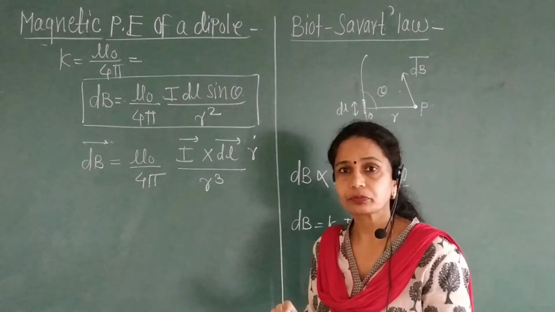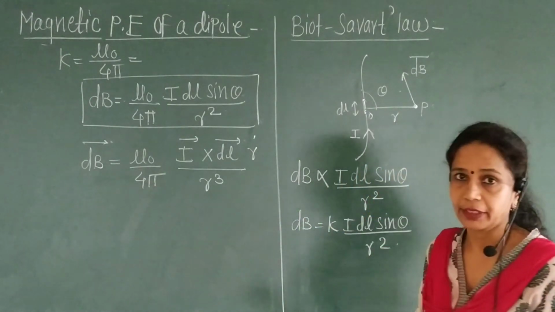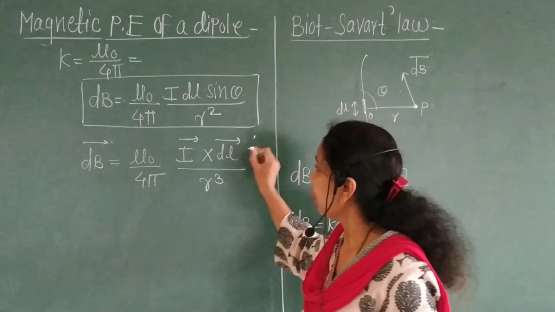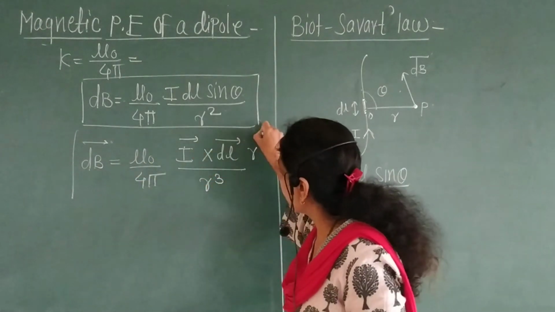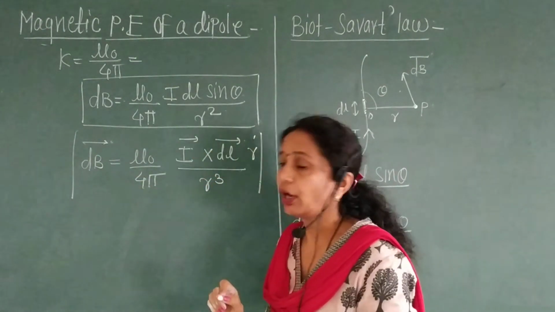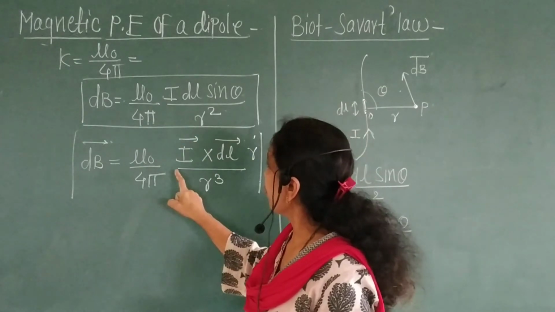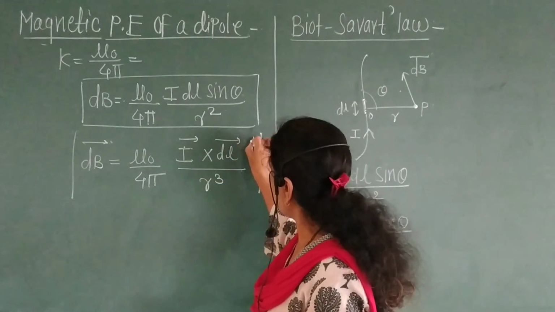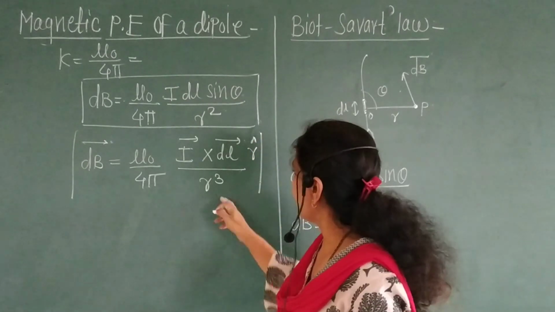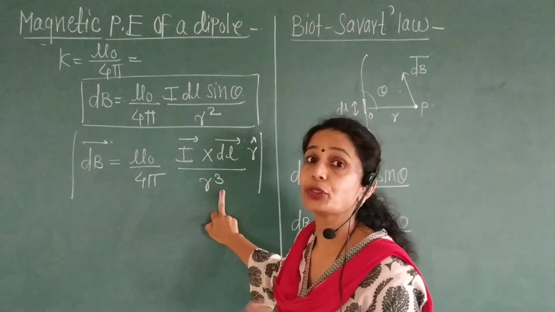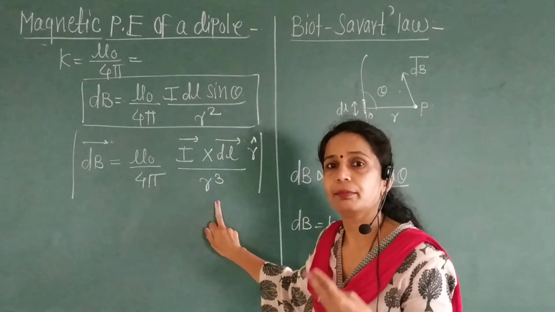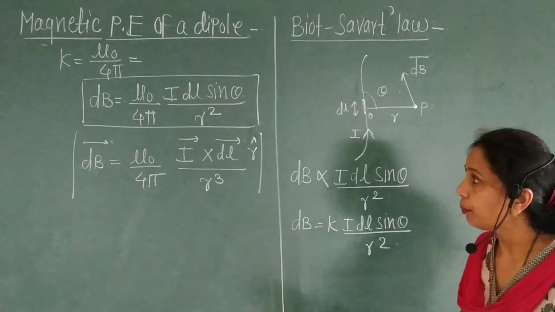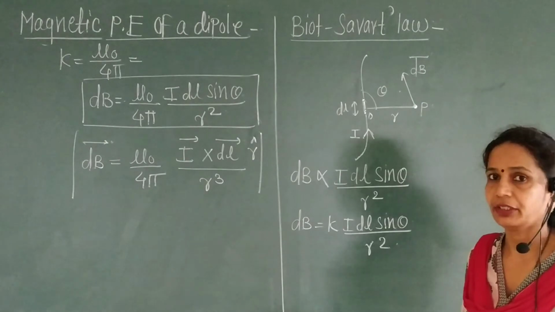This is the vector form of the Biot-Savart law: mu 0 upon 4 pi I dl cross r hat, where r hat is the unit vector, upon r square. This is the mathematical form of Biot-Savart law in vector form.